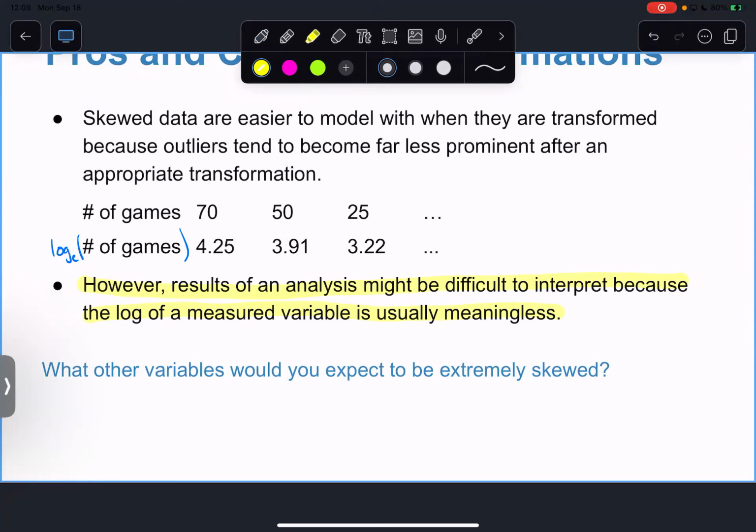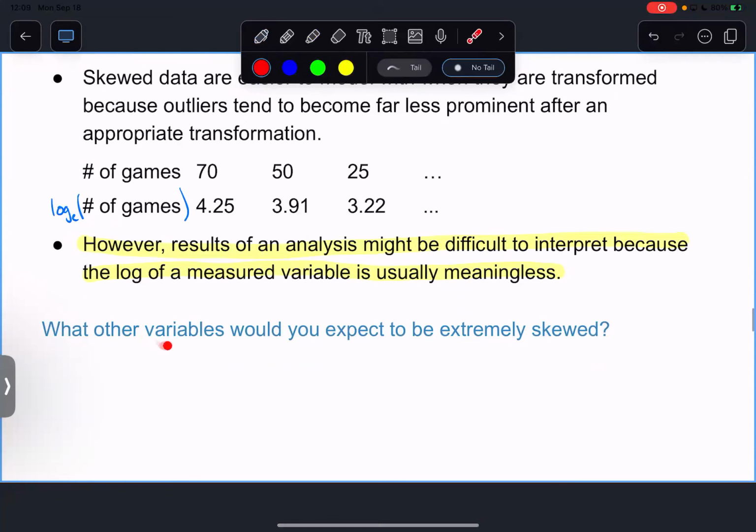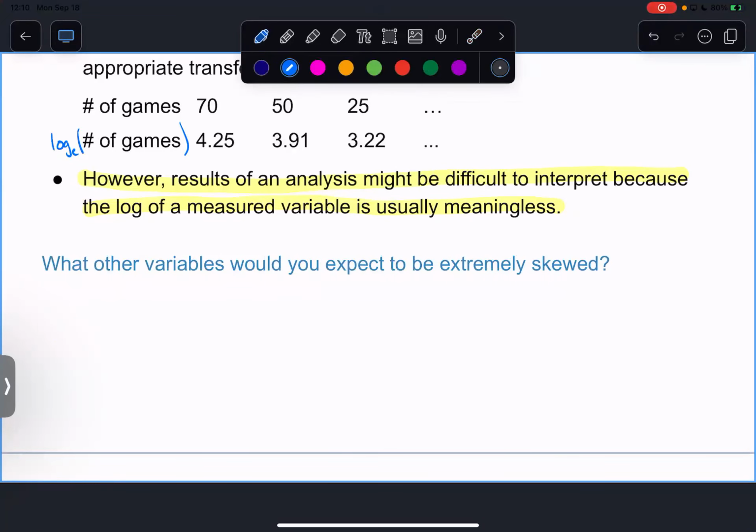We've already talked about it, but what are some other variables that you just expect to be skewed and that you would, if you run into trouble visualizing the distribution, try a transformation for? That would be any sort of money data. Income, household sales, that kind of thing.